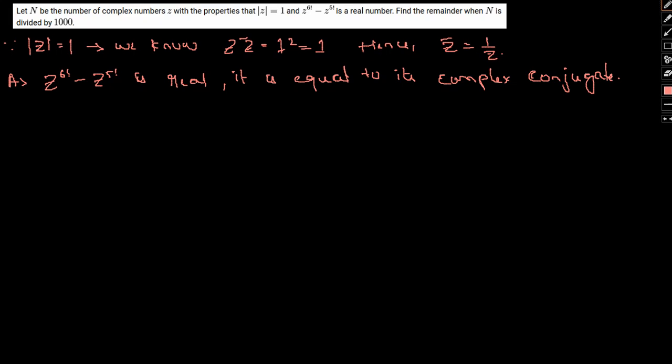So therefore z to the power 6 factorial minus z to the power 5 factorial will be equal to the complex conjugate of the same expression.